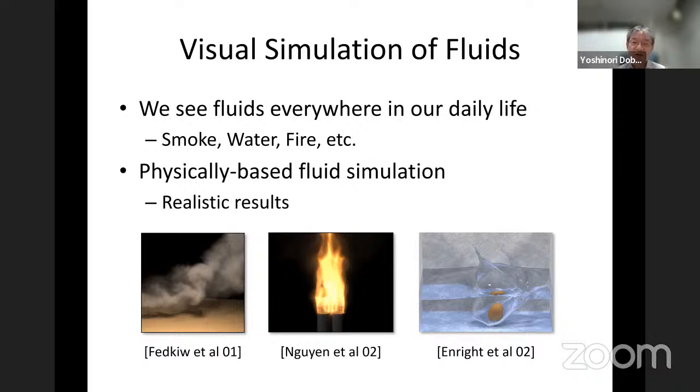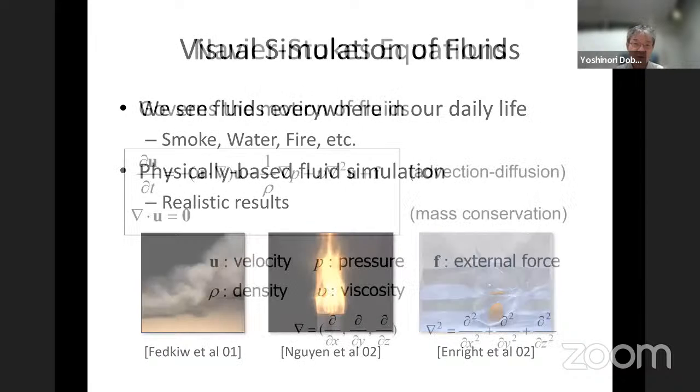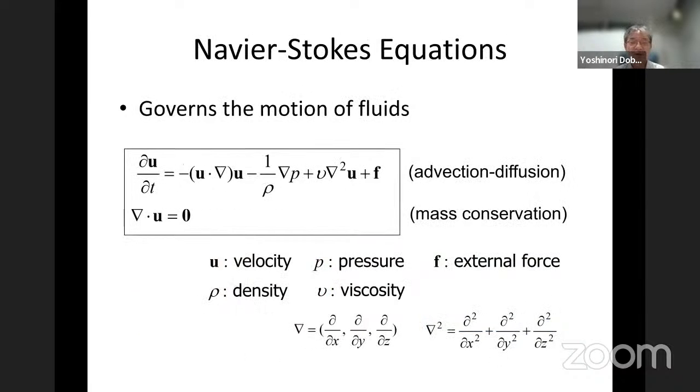So it is very natural for us computer graphics researchers to work on the visual simulation of fluid phenomena. In computer graphics, we often employ physically based simulation to create realistic animations. The methods developed in computer graphics are usually based on the numerical solution of the Navier-Stokes equations, shown in this slide.